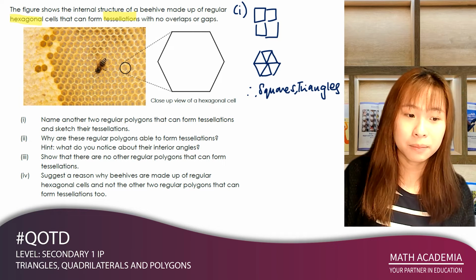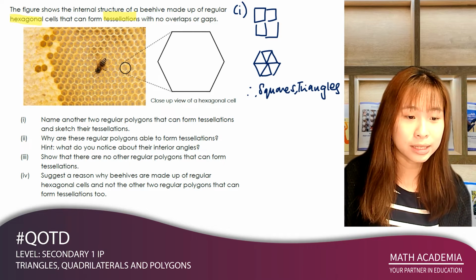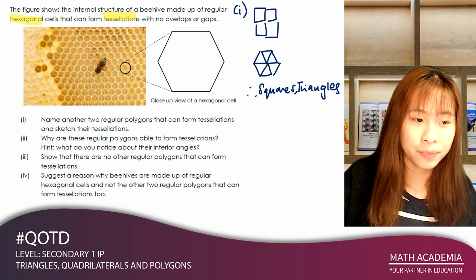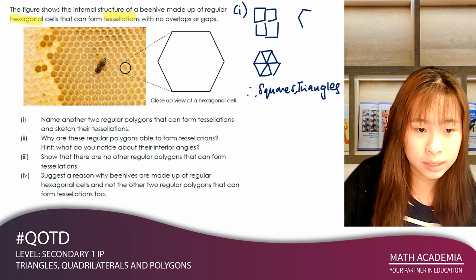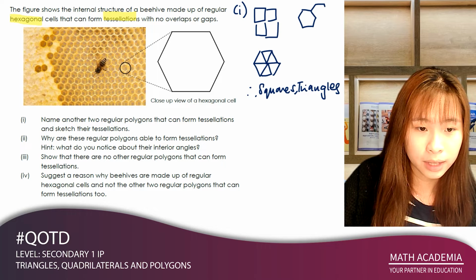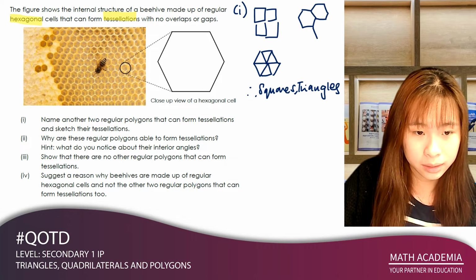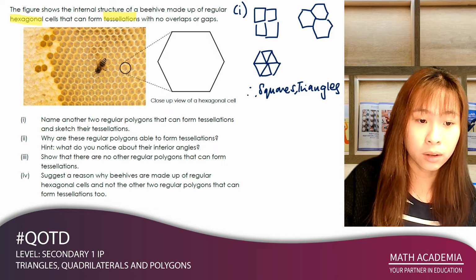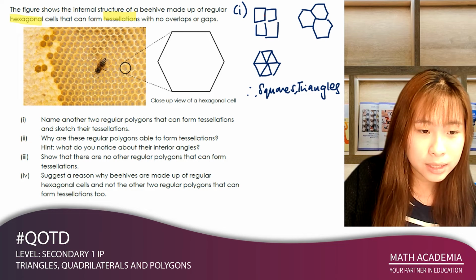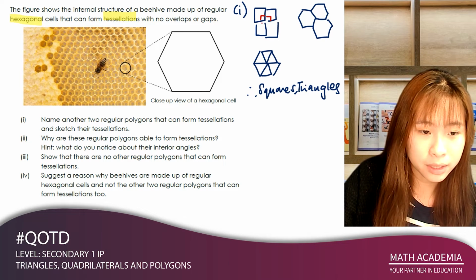Let's take a look at the second part. Why are these regular polygons able to form tessellations? The 3 polygons that can form tessellations are your squares, hexagons, and triangles. So we need to find what is similar between all these 3 polygons. Let's take a look at the interior angle of each shape.